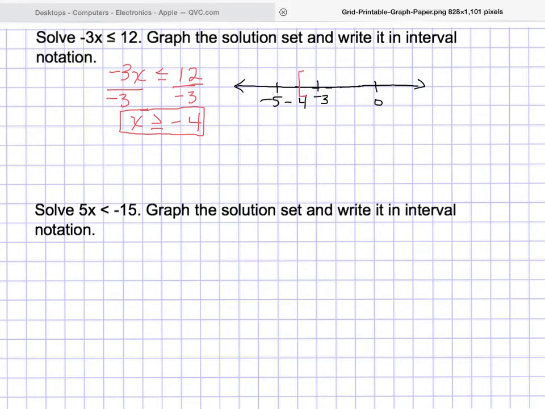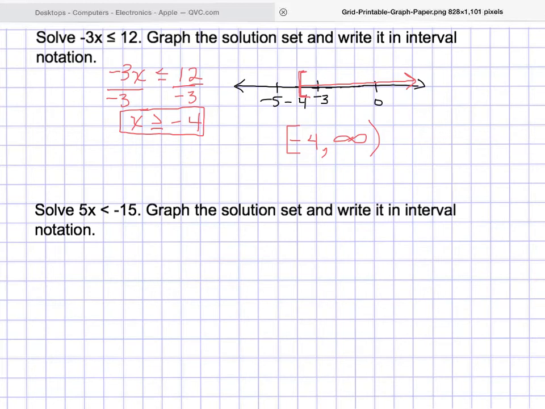So we're going to put a bracket on negative 4 and highlight the area in the positive direction toward positive infinity. So that's the graph. Now in interval notation, we have a bracket on negative 4 going all the way to positive infinity and parentheses. So every x that's greater than negative 4 or equal to negative 4.